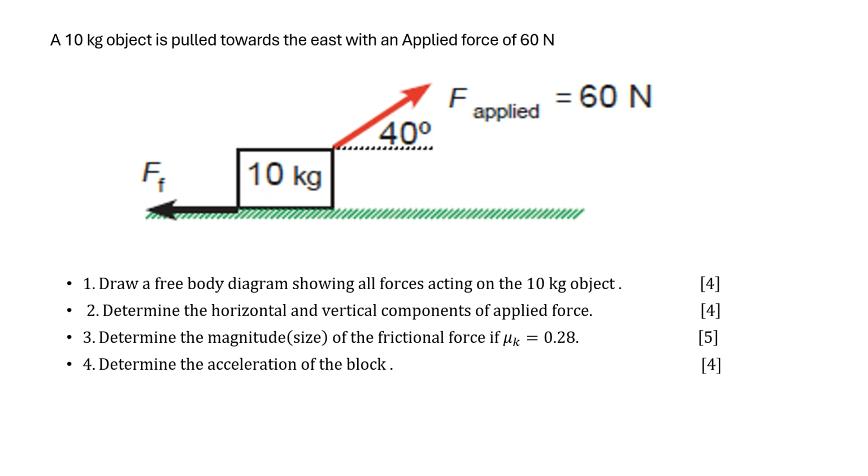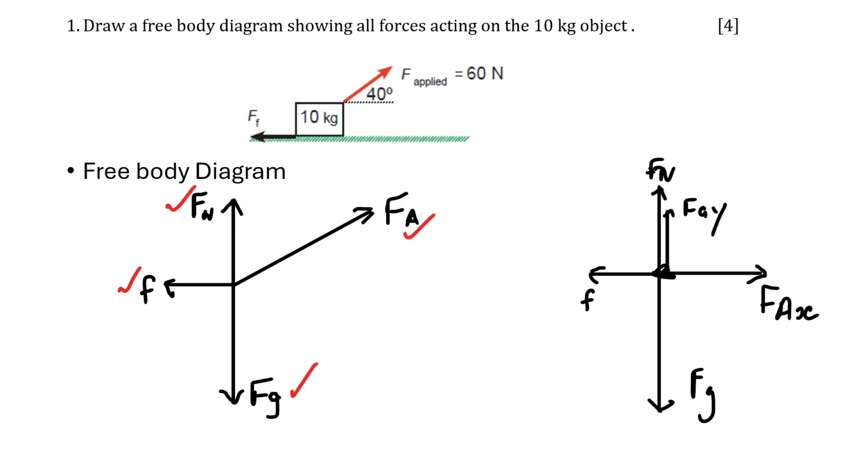Right, so number one, draw a free body diagram showing all forces acting on a 10 kg object for 4 marks. Generally when examiners say 4 marks, that means we have 4 lines. So number one, the 10 kg object is resting on the surface. There's gravity pulling it down, but it's not moving.